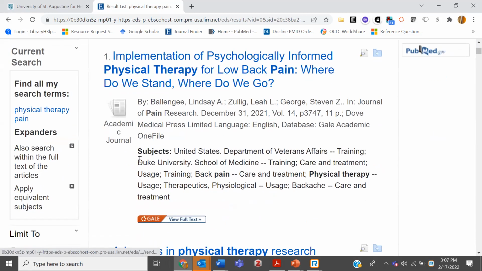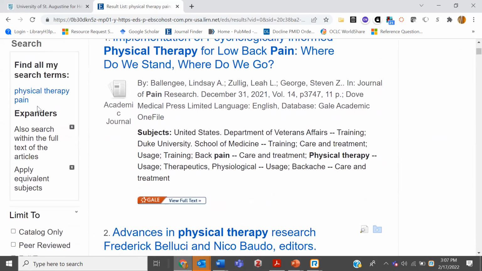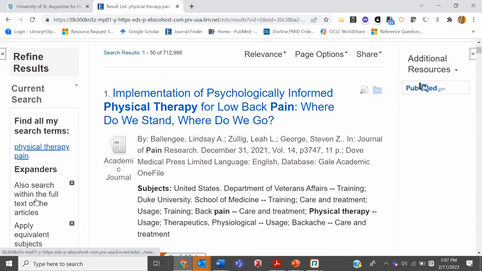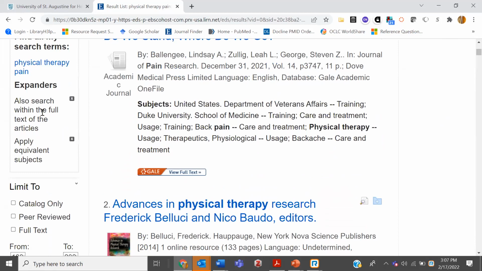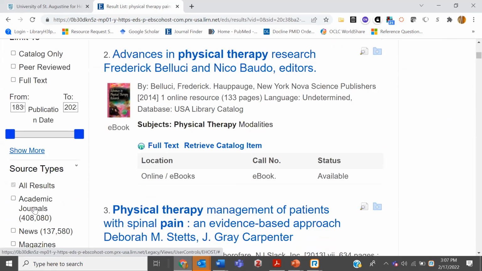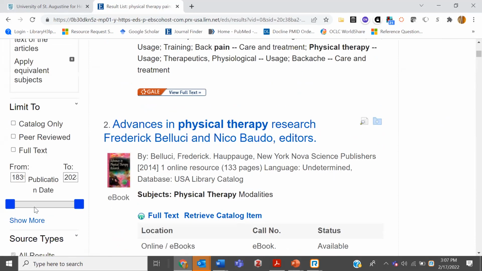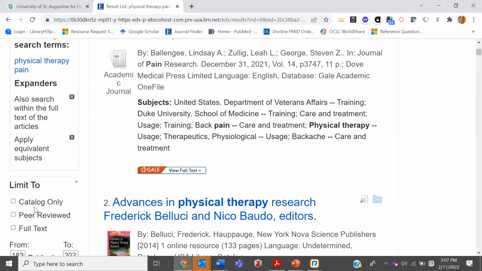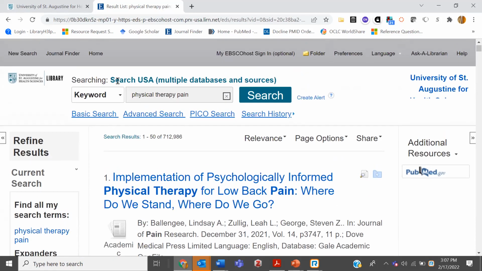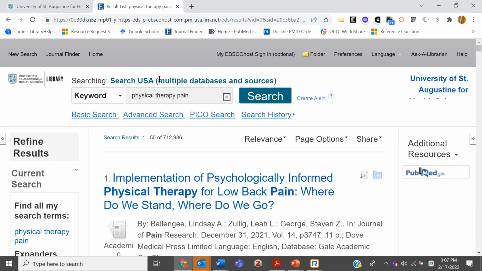I'm hoping that when I start talking about these limiters, that is these sort of filters along the left side of the screen here, that's all fairly familiar to folks, but we'll be elaborating on that a little bit. Just briefly summarized for people who might be brand new to this stuff, once you have performed a search in any one of these databases, there's usually a number of refinement criteria, typically located on the left-hand margin here.